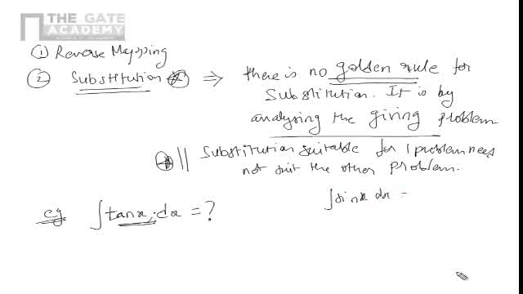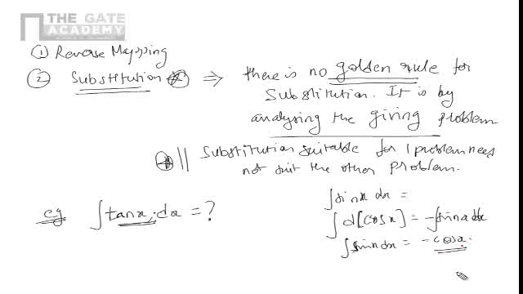Integral sin x dx, we found it because differentiation of cos x gave me minus sin x. So upon integrating, I found that integral of sin x dx is nothing but minus cos x. Like this, I reverse mapped it.